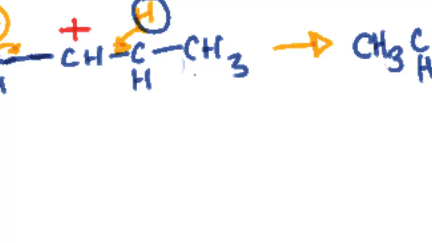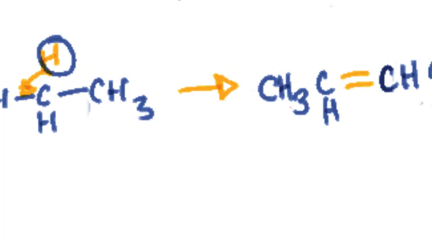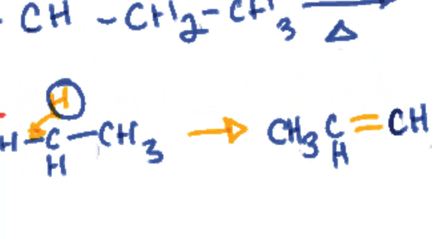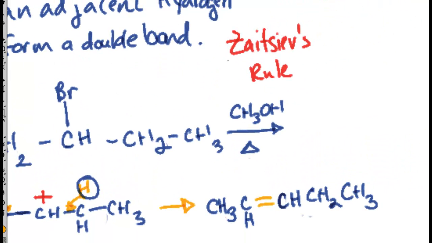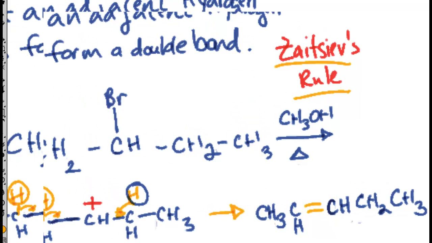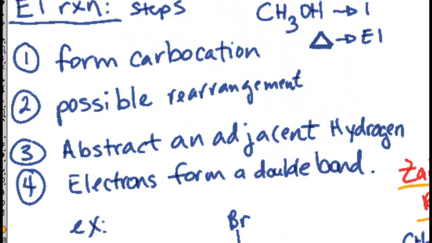So in this case it was symmetric enough to where abstracting either adjacent hydrogen didn't cause you to get two different compounds, but a lot of times it will give you two different compounds, and that's when you use Zaitsev's rule to determine which one's the major product and which one's the minor product.